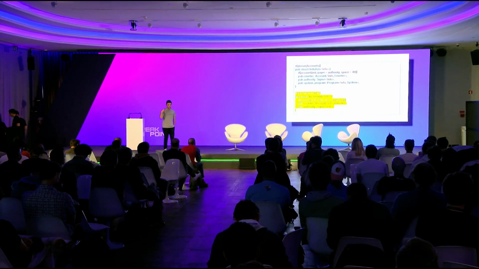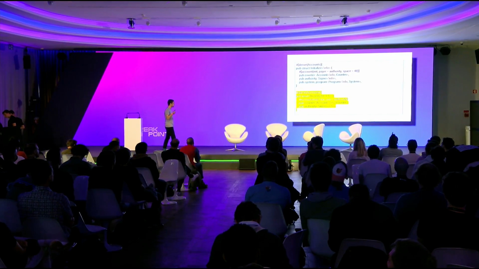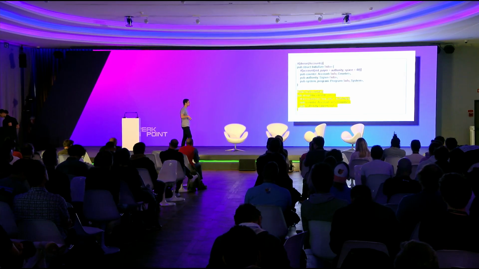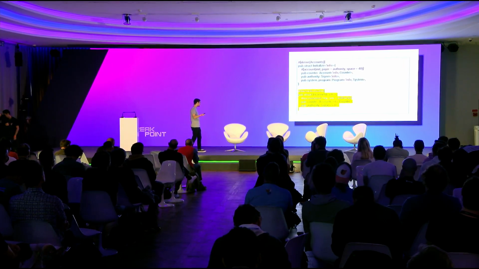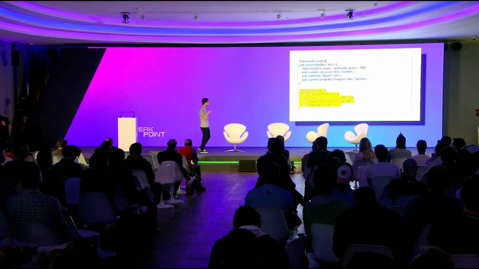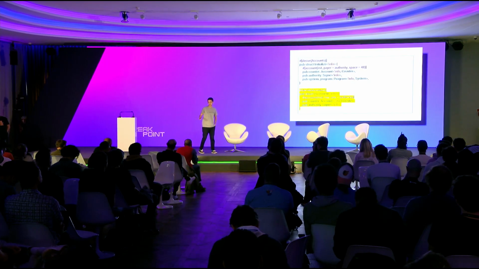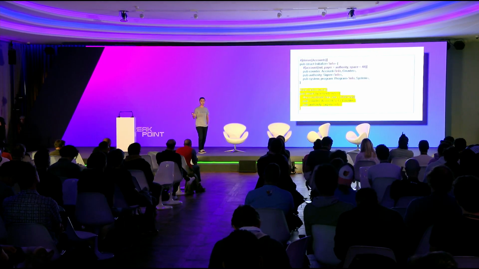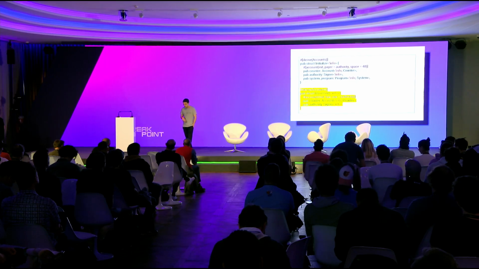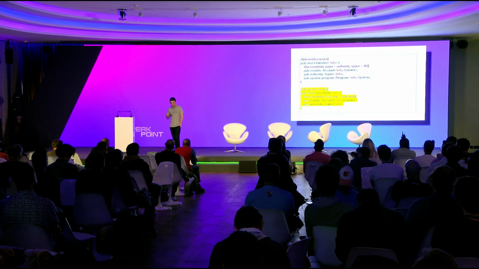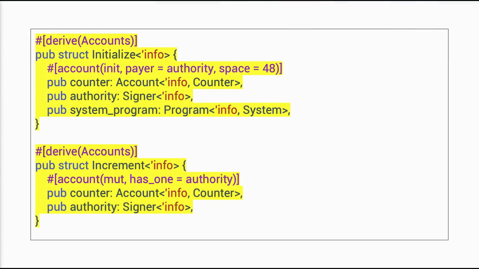So all of this comes together such that when you see one of these increment structs, you can prove to yourself that, okay, you have a counter, it was previously created, and the authority signed the transaction, so then it's probably safe to do something, or it is safe to do something. So yeah, those are the two account contexts for the program.